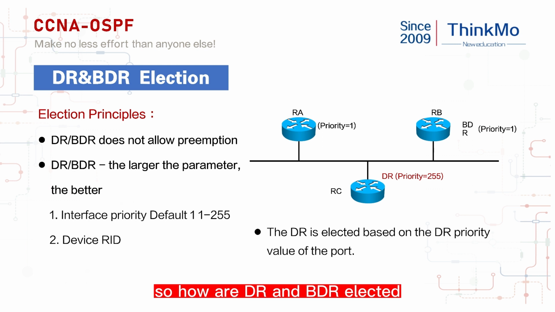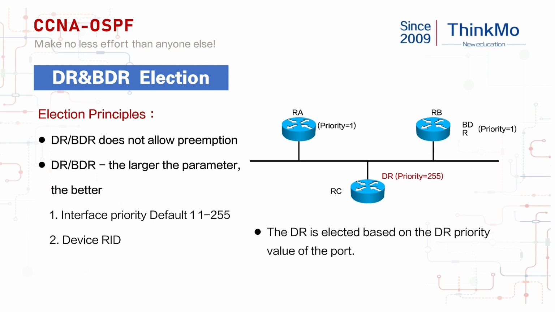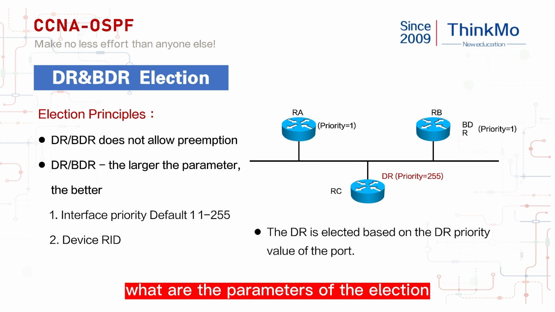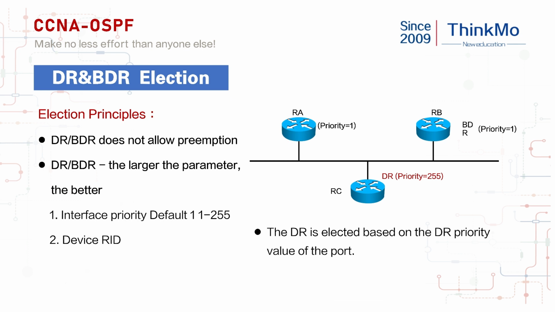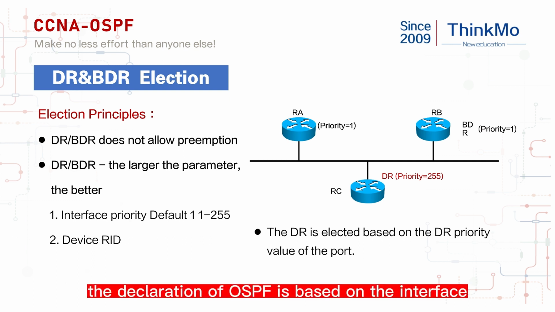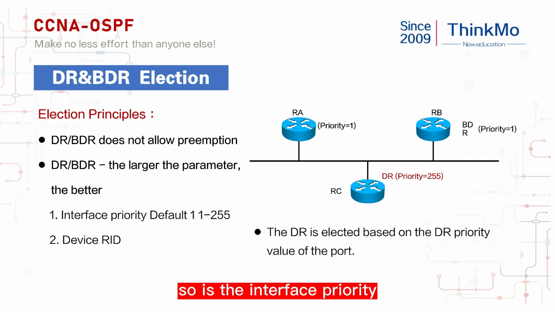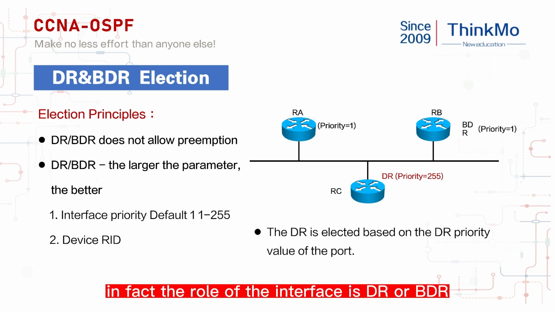So how are DR and BDR elected? What are the parameters of the election? For all parameters, bigger is better. The first is interface priority. As I just said, OSPF declaration is based on the interface, so the interface priority determines the interface's role as DR or BDR.